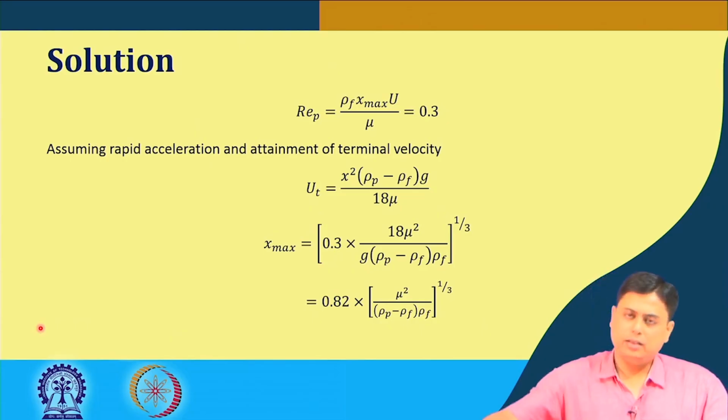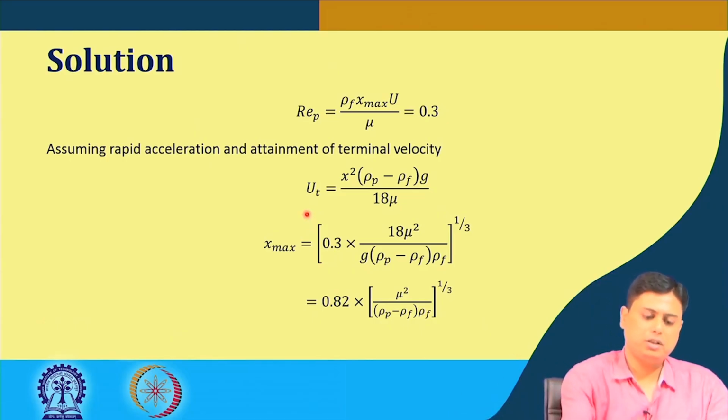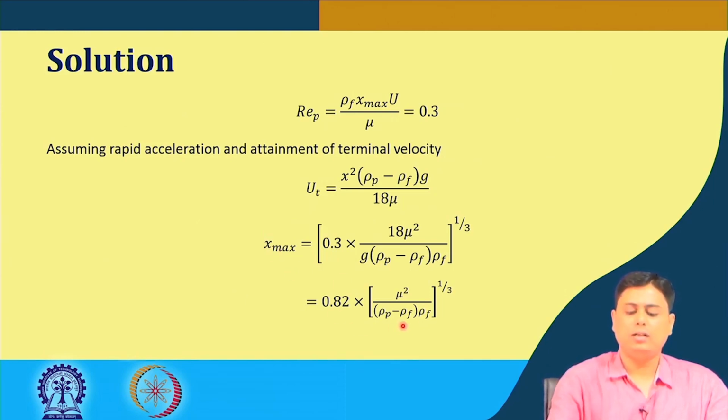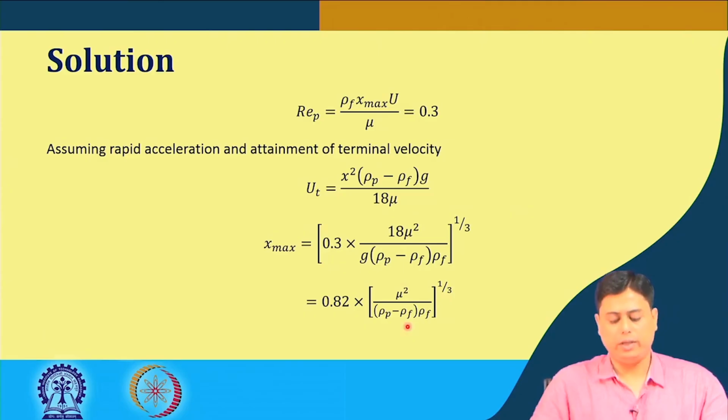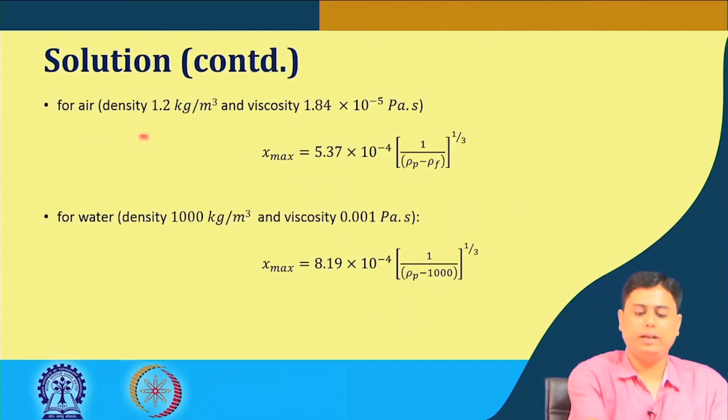We can write the terminal velocity expression from this, replace it in this expression, and find the expression for the maximum diameter. For water and for air we replace rho f and mu accordingly to get the expressions, let us say, for air.